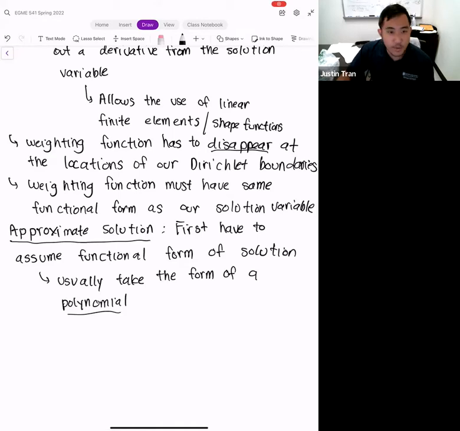And practically speaking, the only ones you can actually do on an exam are just linear and quadratic functions. So that's the only two types that you can feasibly do.